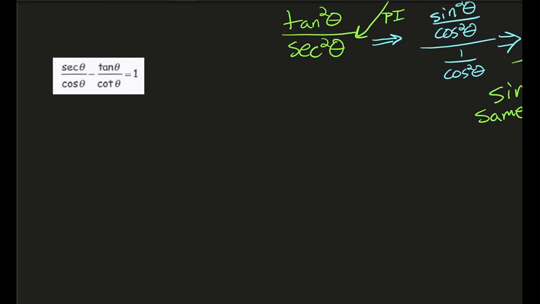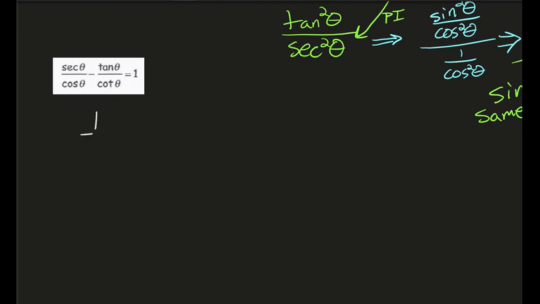And here we've got secant of theta divided by cosine theta minus tangent theta divided by cotangent theta is equal to 1. Let's start simplifying the left-hand side and see where that takes us.